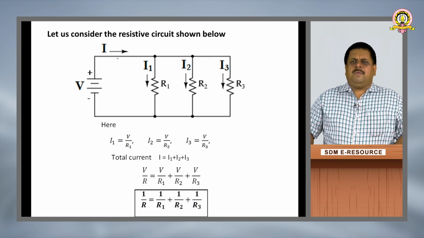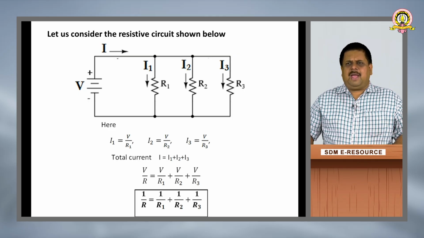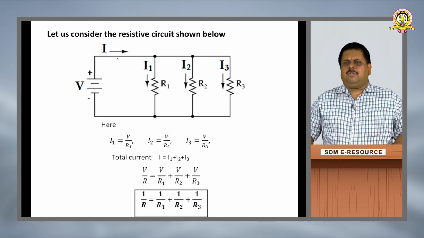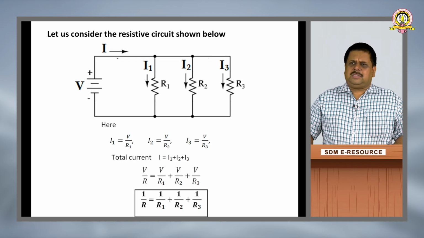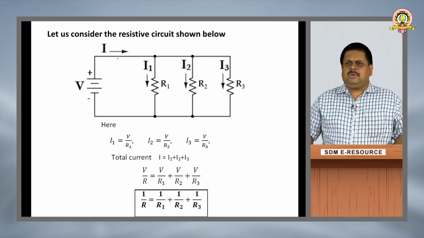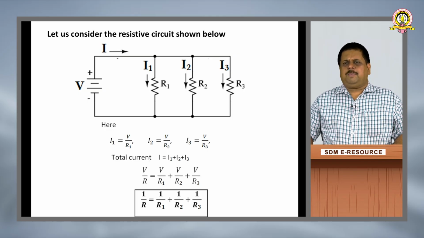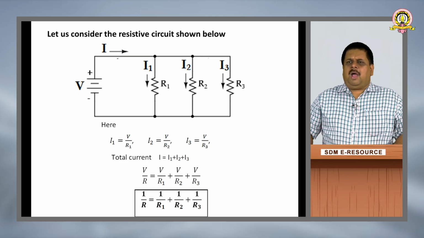And now we see I1 equal to V by R1, I2 equal to V by R2, I3 is equal to V by R3.